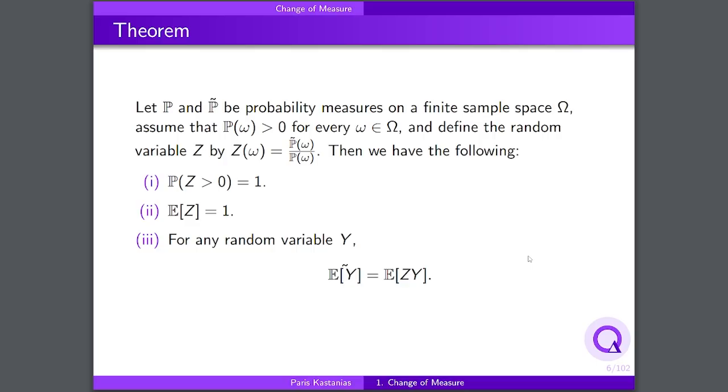We're going to divide the risk neutral measure by the actual measure, and then E tilde of Y equals E of ZY. So this is just a way to flip the measures. You can change the measure. Does that make sense, without the proof? Make sense? Yeah? Okay.